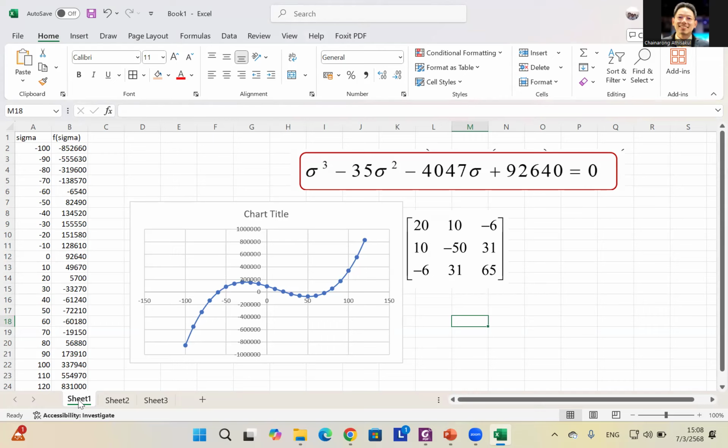It's very easy, right? So which one will you prefer for this case? Minus 60? If you select minus 60, that's all right. Okay, you select minus 60, right? But you may not have the answer that we would like to have.